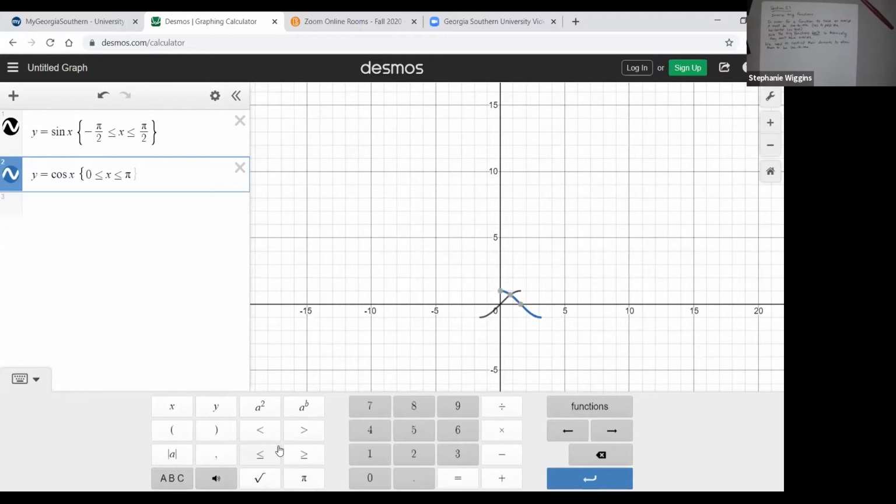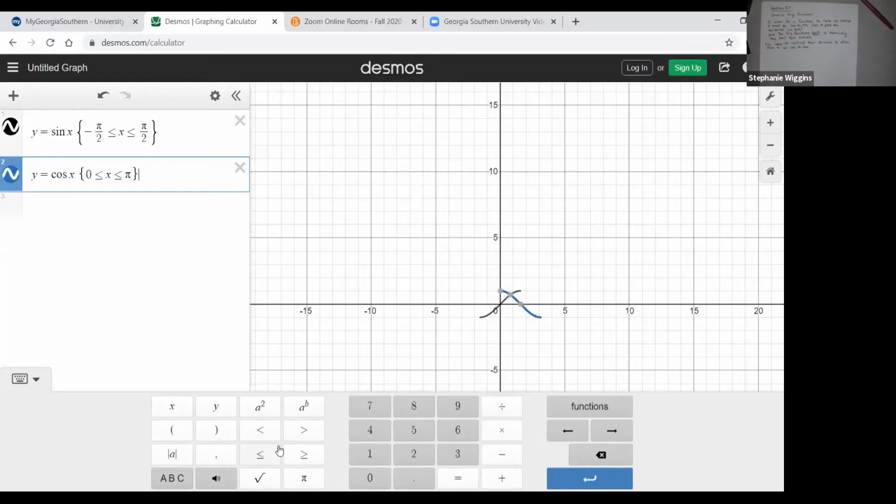And so there you can see. All right. So the blue is the cosine and the black is the sine. And both pieces pass the horizontal line test, and therefore they have inverses.